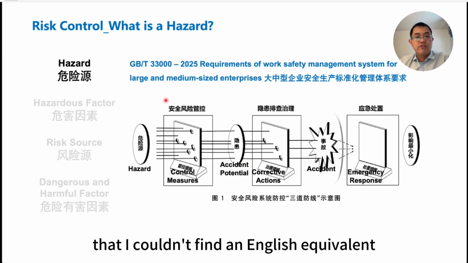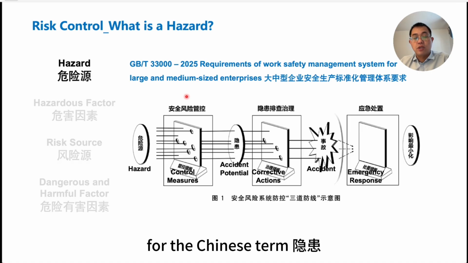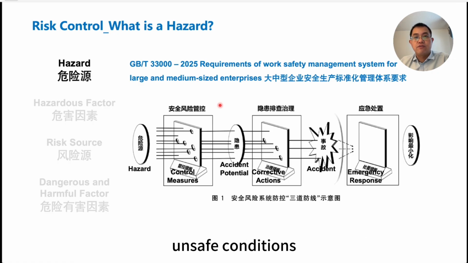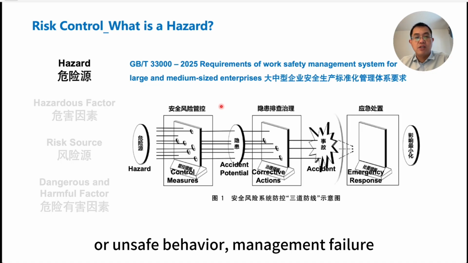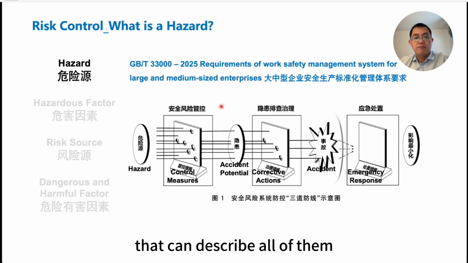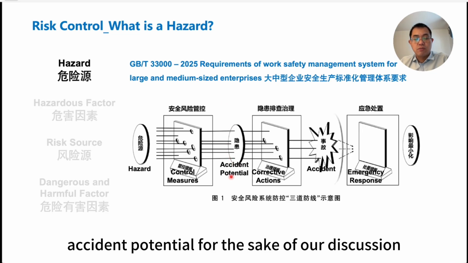Just to clarify, I couldn't find an English equivalent for the Chinese term yinhuan. They have the same concept like unsafe conditions, unsafe behavior, management failure. These are all yinhuan, but there's no single word that can describe all of them. So we'll refer to yinhuan as accident potential for the sake of our discussion.